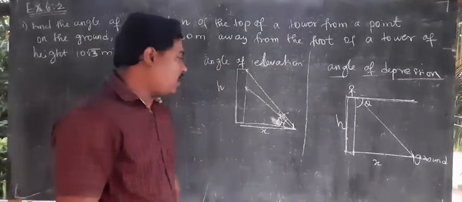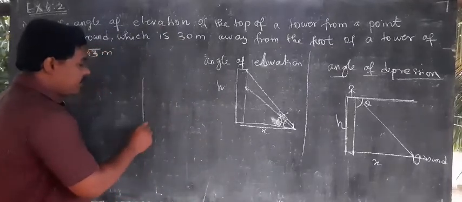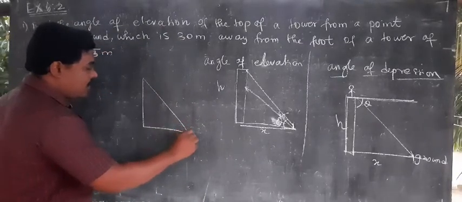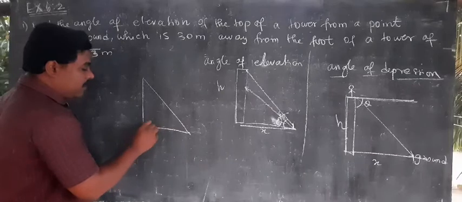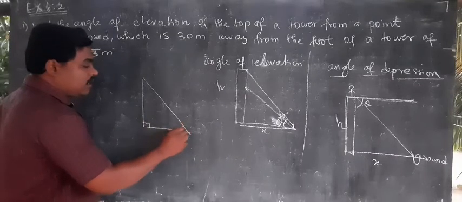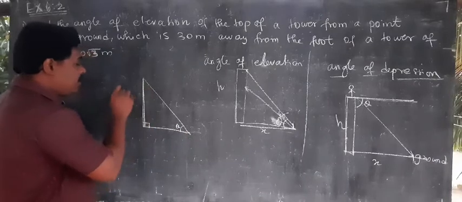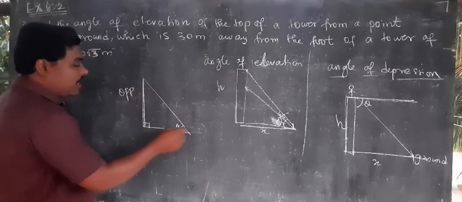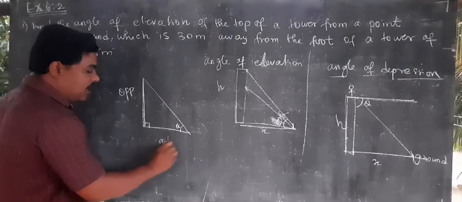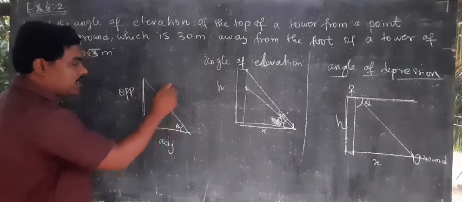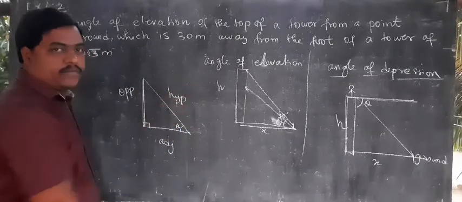How to find, listen. This is 90 degree. This is theta. Opposite to theta is called opposite side. Next to theta is called adjacent side. The longest side is called hypotenuse side.